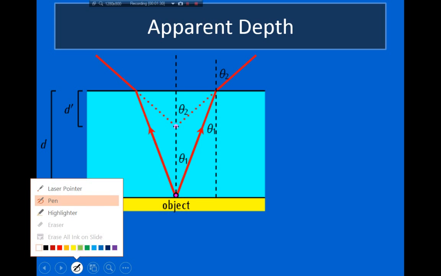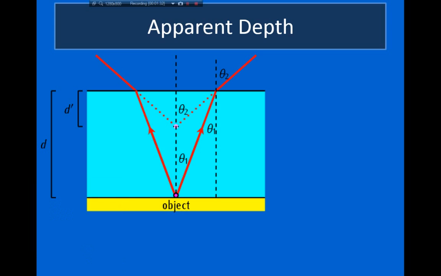Well, the first thing I should point out is that once again we have two triangles here. We have this triangle formed by the image of the object, or the apparent location of the object, and then we have the second triangle that's formed by the actual location of the object. And what I should point out about these two triangles is that this distance right here, which I'm going to call r, is going to be the same for these two triangles.